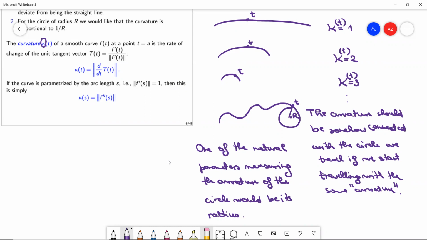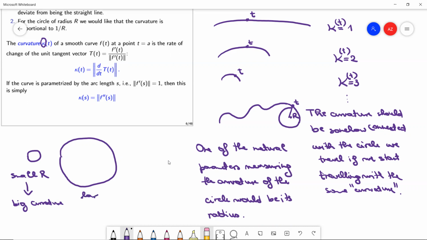So if the radius is small, then we had to bend a lot in every point. But if the radius is big, then we didn't have to bend a lot in every point. So small r corresponds to big curvature, and large r should correspond to small curvature.